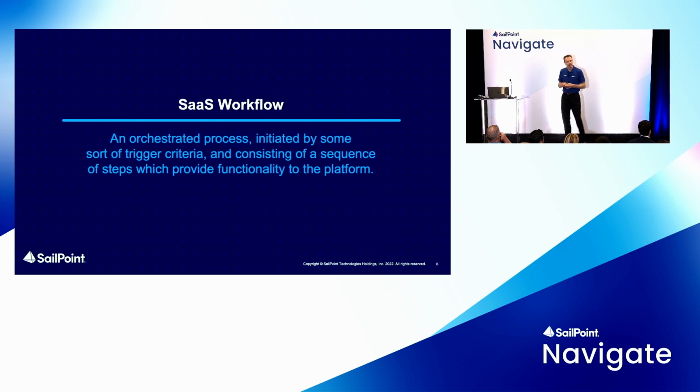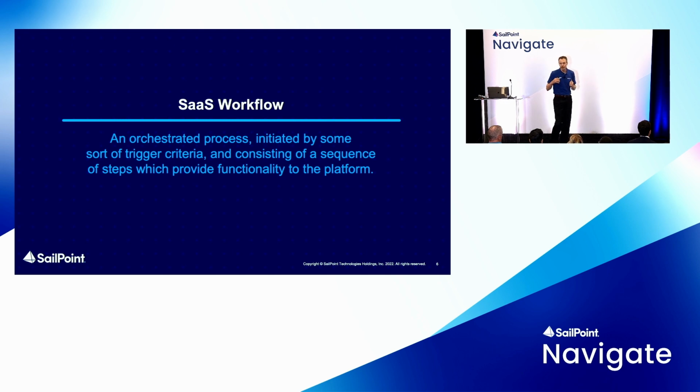The next topic to talk about is, what really is SaaS Workflows? SaaS Workflows is an orchestrated process. It's a way for us to initiate an automated process and have a consistent way to respond. We talk more and more about how so much is going on, we're managing so much, it's beyond human capacity.